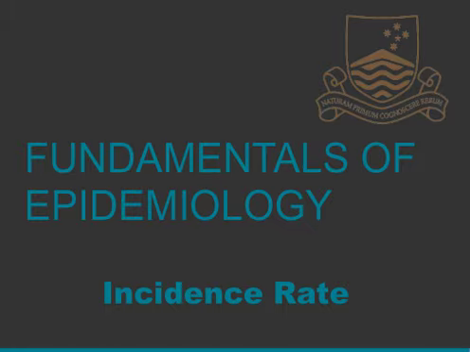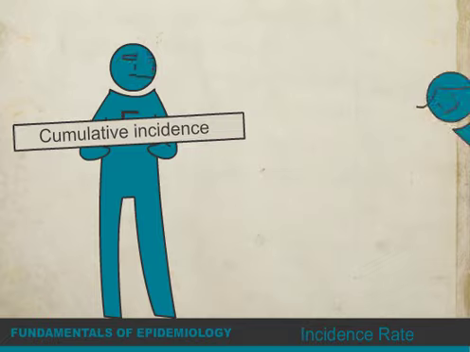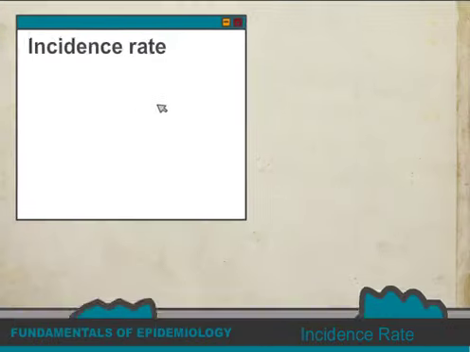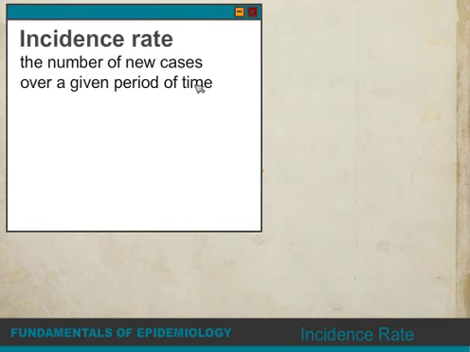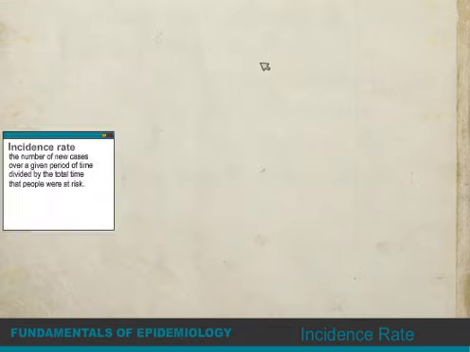We can overcome some of the problems of using cumulative incidence as a measure by turning to another measure called incidence rate. Incidence rate is the number of new cases over a given period of time, but it's divided by the total time that people were at risk.